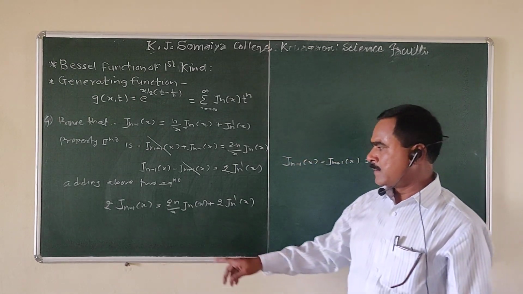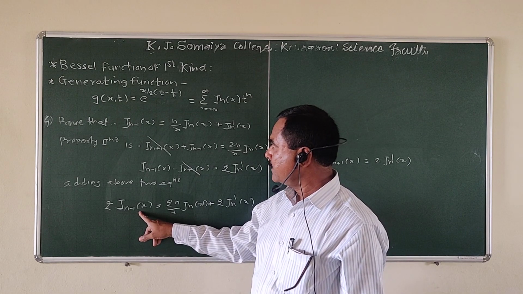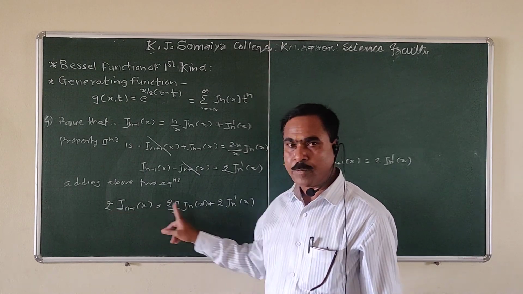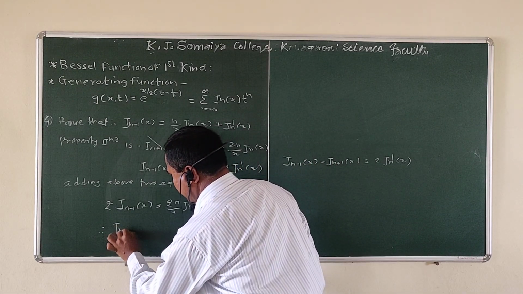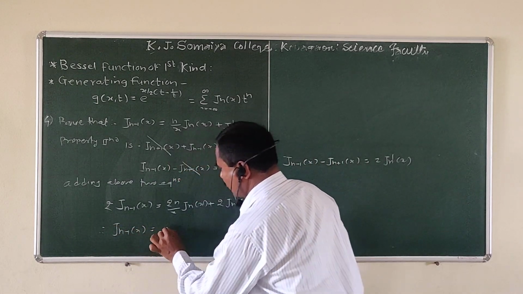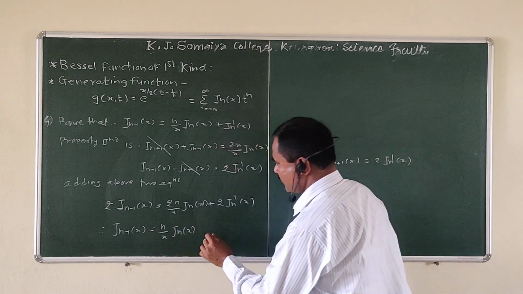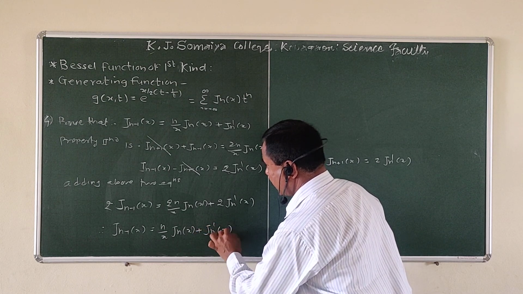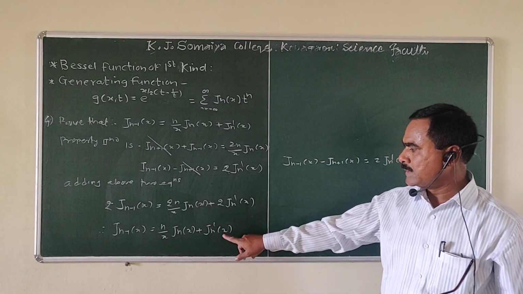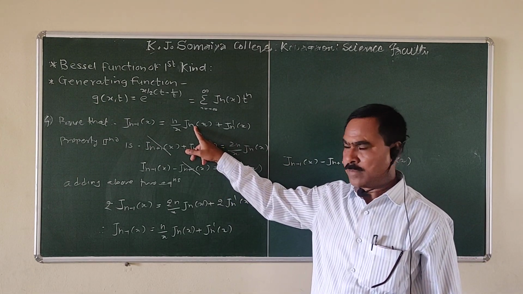Then here we divide throughout by 2. Therefore J n minus 1 of x equal to n upon x J n x plus J n dash x. So this is the result of property 4.